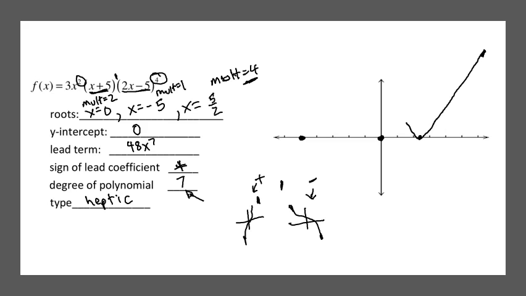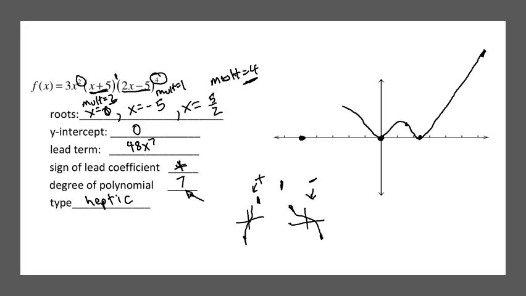The next root is at 0, and 0 has a multiplicity of 2. So it's going to bounce there also. So it's going to hit 0, bounce, and it's going to keep going.